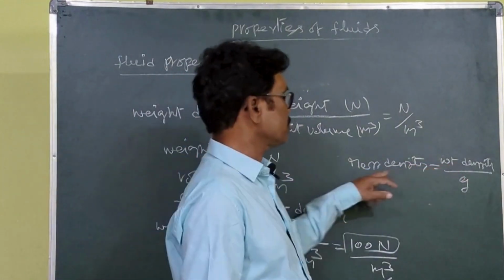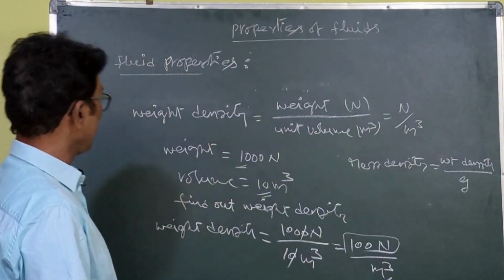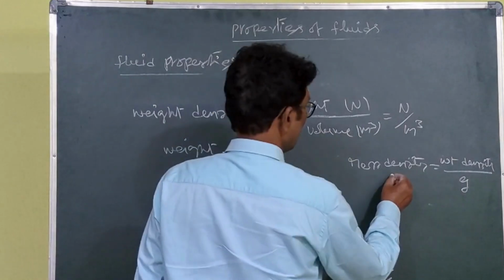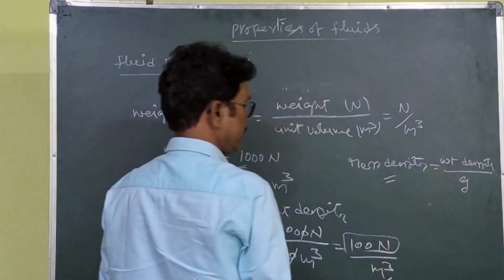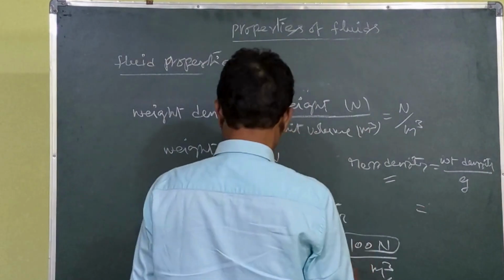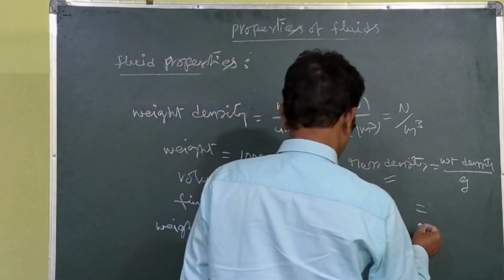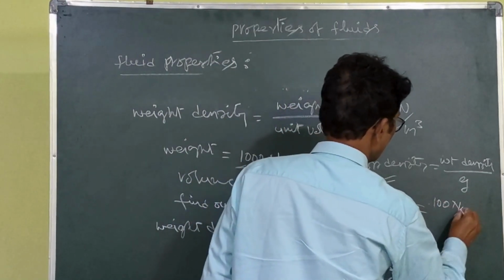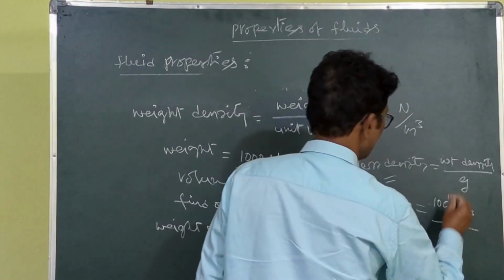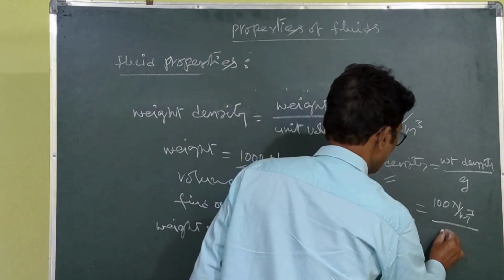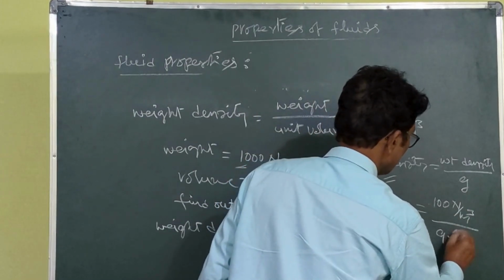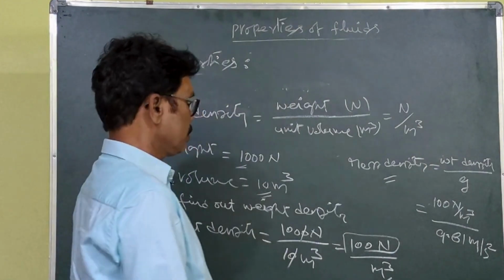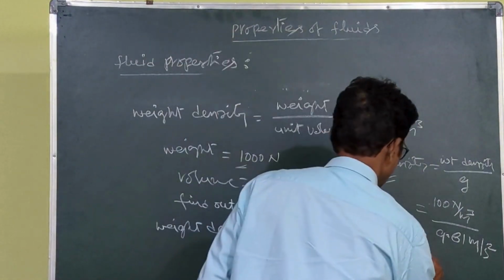Weight density is equal to mass density into g, as we already learned in the previous step, so mass density is equal to weight density by g. So this is 100 Newton per meter cube divided by g, which is 9.81 meter per second square.